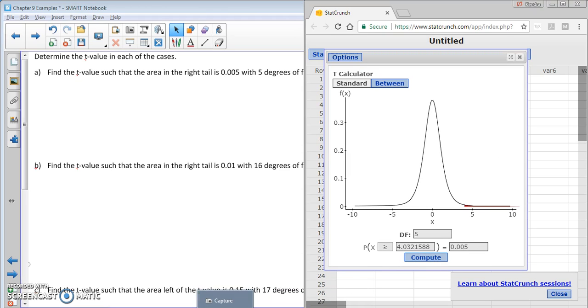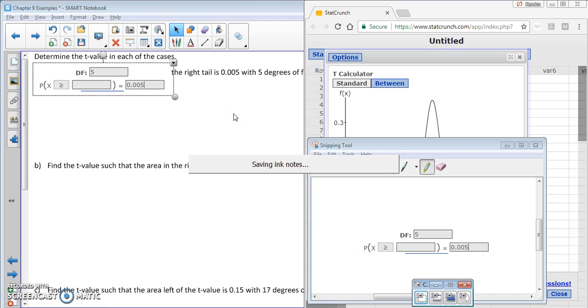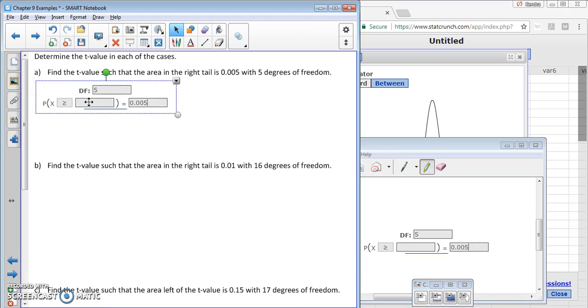Let's pull this up and do a little screen capture here. Let's see what that looks like. That's how I initially put that in there.